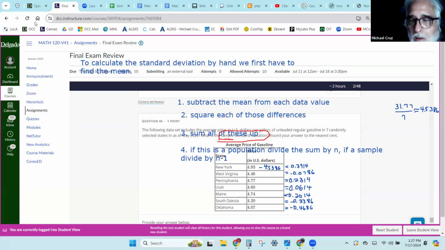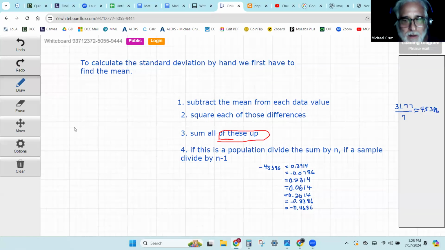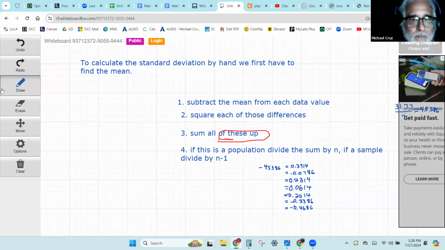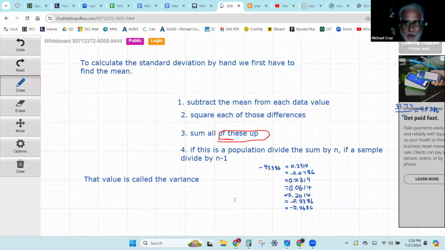All right, so where was I? Let's go back over here. Now, that value is the variance. The only thing that's different about getting up to this point is that the two variances are different. If it's from a population, you divide by n.